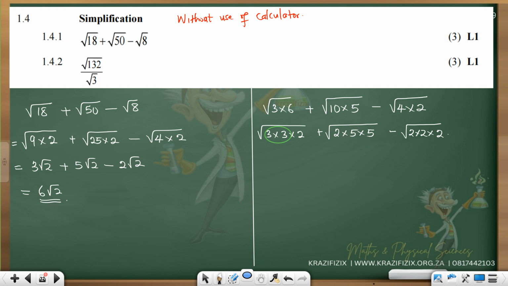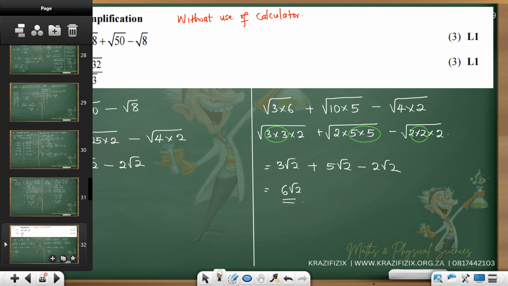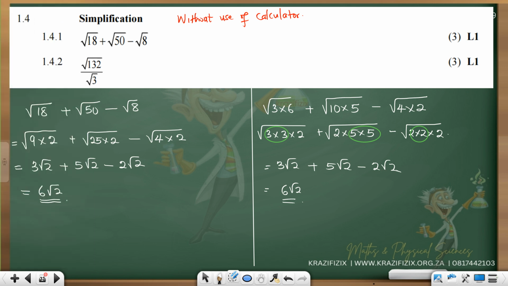It's only going to take you longer, and then we pair them. We look for pairs. Now I can pick the pairs. 3 times 3, I can simply write 3 root 2. 5 times 5, I can write 5 root 2. 2 times 2, I can write 2 root 2. Perfect. We're still correct. 6 root 2. But the more you do it, the quicker you start seeing 18, 9. All right, but good job. Good job, since we're working as beginners.